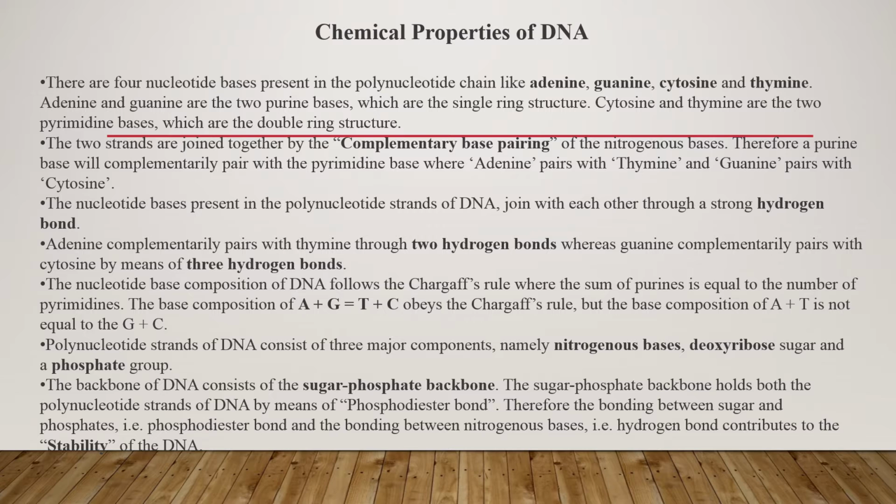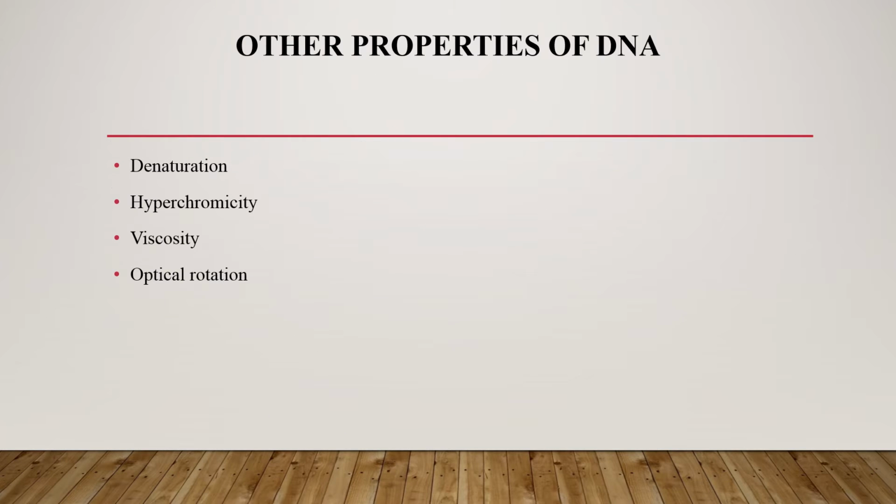So these obey Chargaff's rule. The polynucleotide strand of DNA consists of three major components: nitrogenous base, sugar and phosphate group. The DNA backbone consists of sugar and phosphates, and the base pairs lie toward the center and bind with each other through hydrogen bonds and provide stability to DNA.